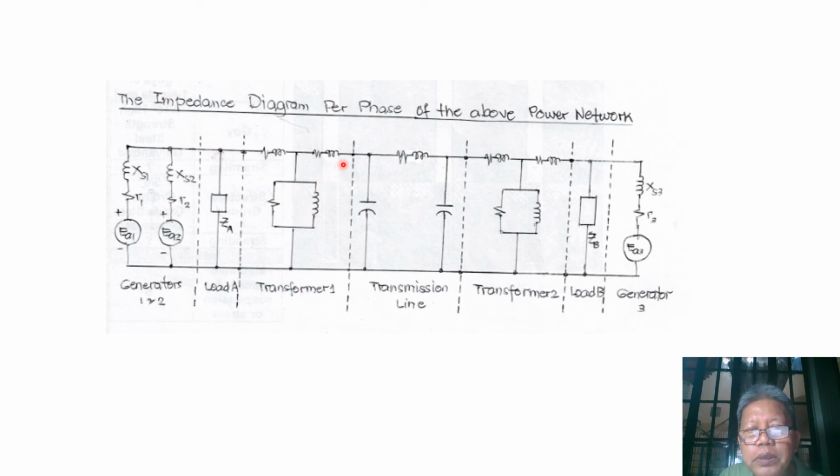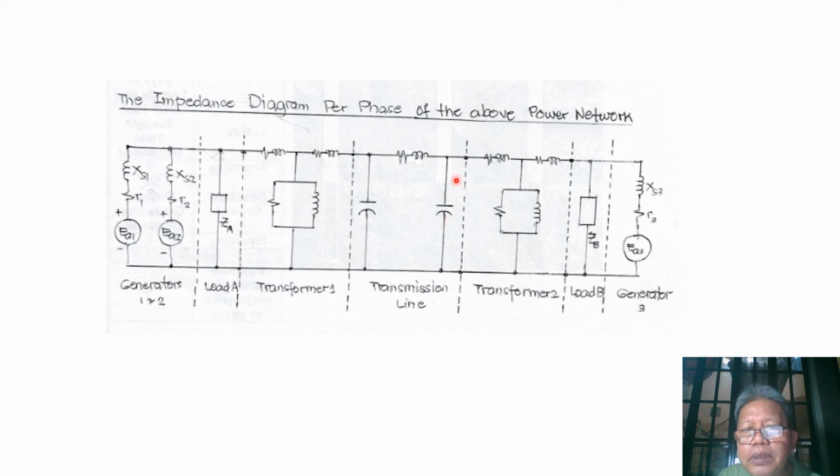And then after the transformer, we have the transmission line, which is represented by its pi equivalent circuit. So we have here a total impedance of the line, and we have 1/2 of the admittance Y, and on the other side we also have 1/2 of the admittance Y.